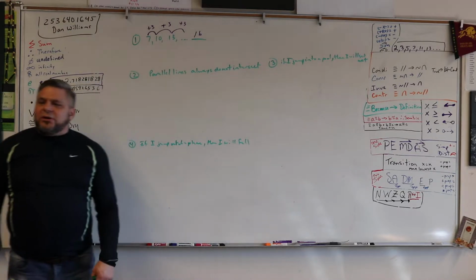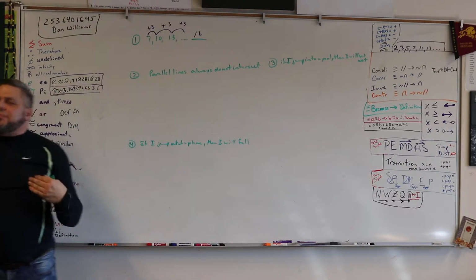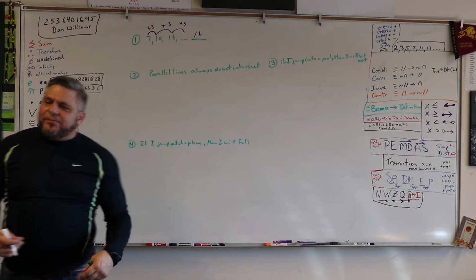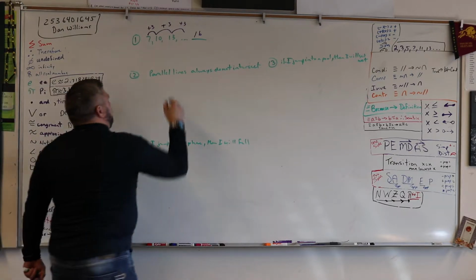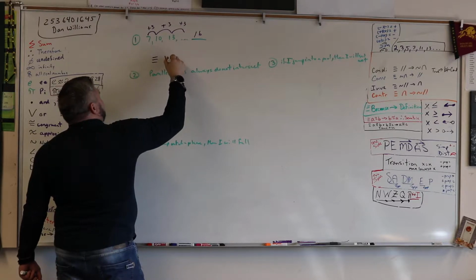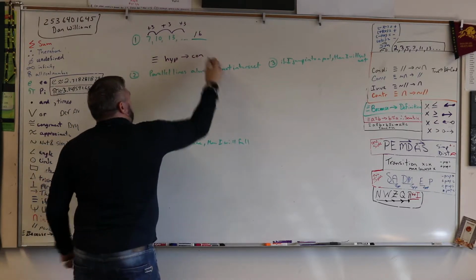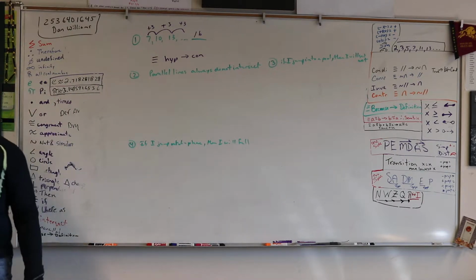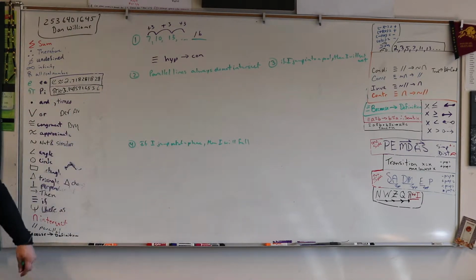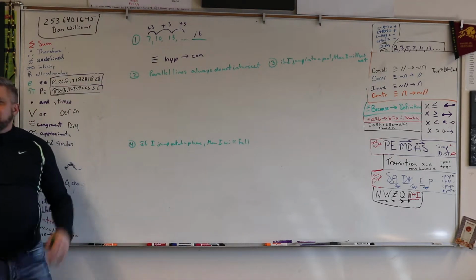All right. Next, number 2. If we need to turn this into a conditional statement, what's a conditional statement? A conditional statement has an if, then. What's here? Hypothesis, right? Then conclusion, right? So we want to do an if hypothesis, then conclusion. What's a hypothesis?